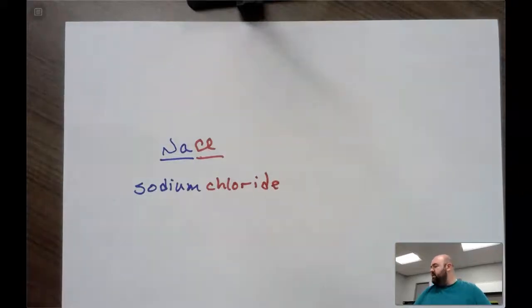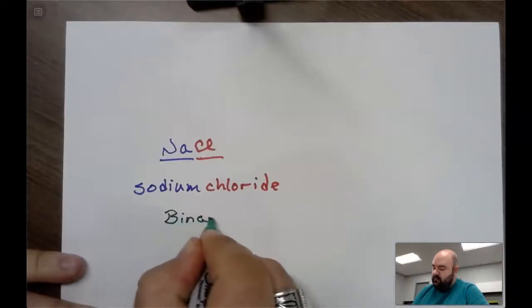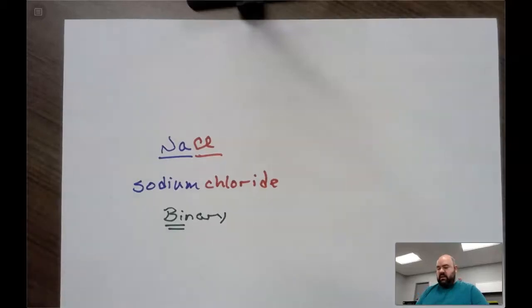Now, we call this a binary compound because it's got two elements in it. It just has sodium and chloride.